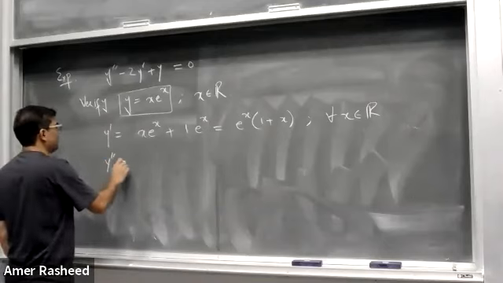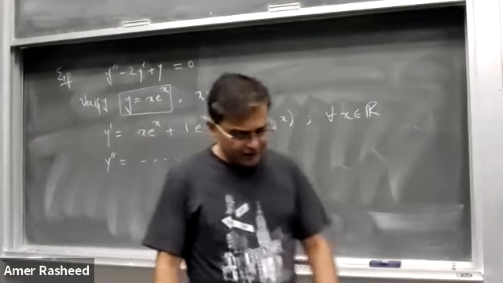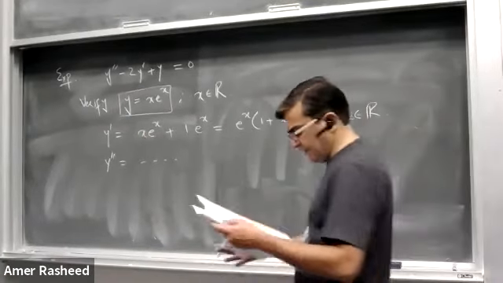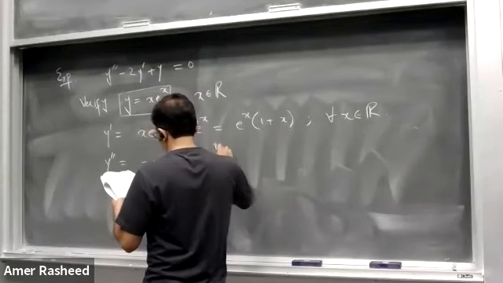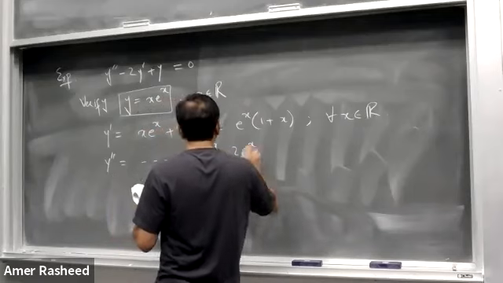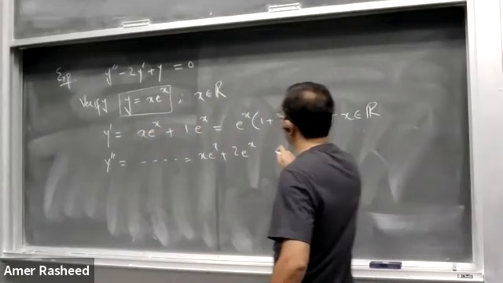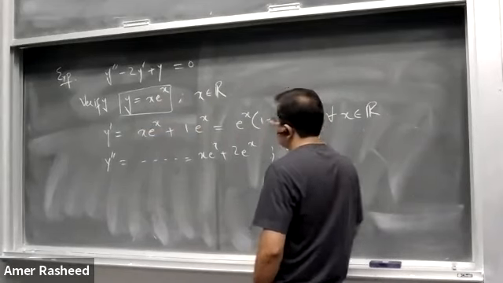Similarly, you can check the second derivative, which should also be continuous. So its second derivative is x e raised power x plus 2 e raised power x. It also exists and is continuous on the same interval for all x belongs to R.